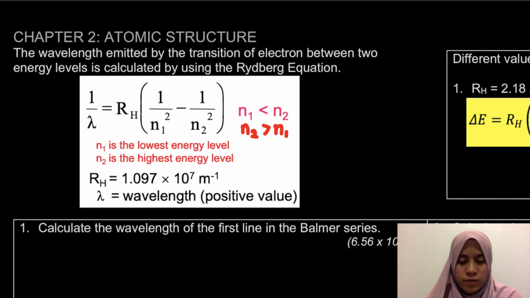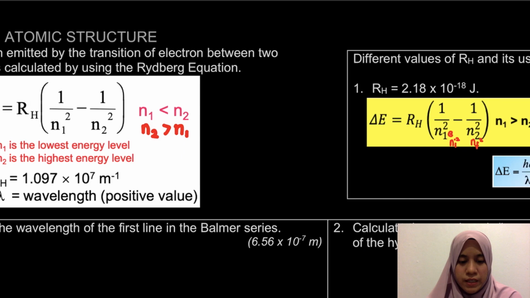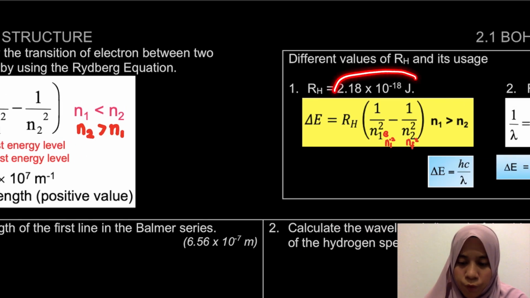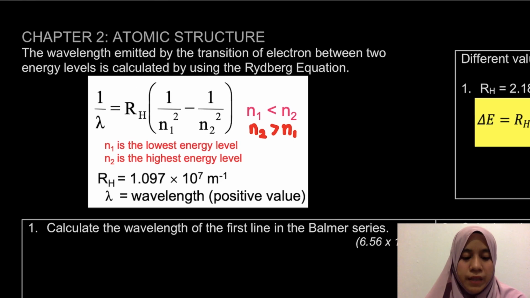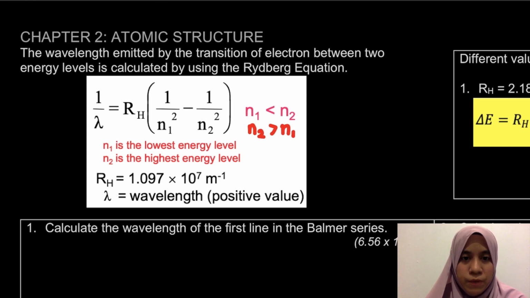Okay, before this, what we have used is actually RH kita yang ni, 2.18 exponent negative 18 joule. So, kalau joule ni is used for the Rydberg constant in calculating the delta E. But then, kalau untuk the wavelength, okay, ataupun yang wave number kita ni, yang formula dia yang wave number kita ni, is actually per meter dekat sini.